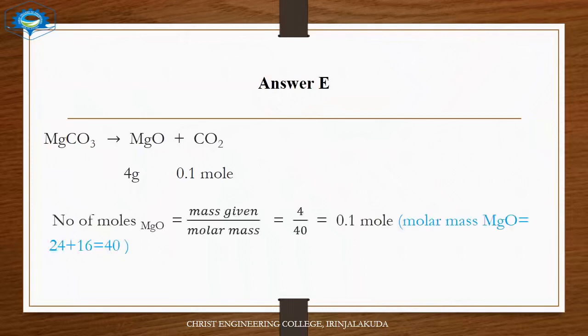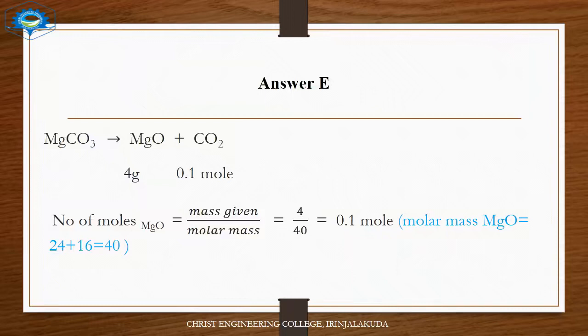We have an equation for number of moles. Number of moles of MgO is equal to mass given divided by molar mass. Remember this equation, which is always applicable in various questions. Mass given for MgO is 4 gram, divided by molar mass.